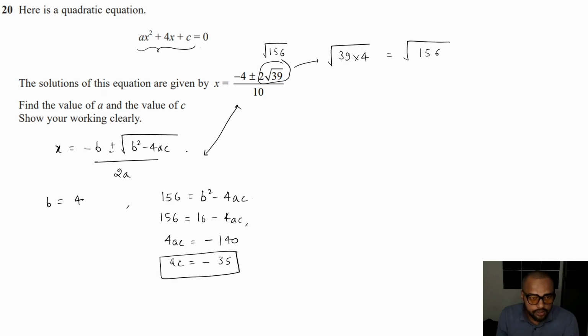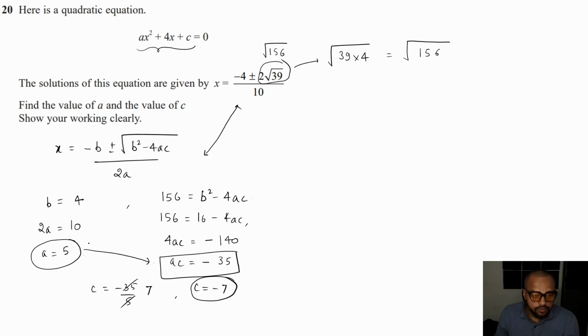From this part, students, if I see the denominator, it is equal to 2a and here it is 10. So 2a will be equal to 10, so a here will be 5. Okay, so if a is 5, we'll plug this value in, and we get the value of c equal to negative 35 by 5, which is negative 7.